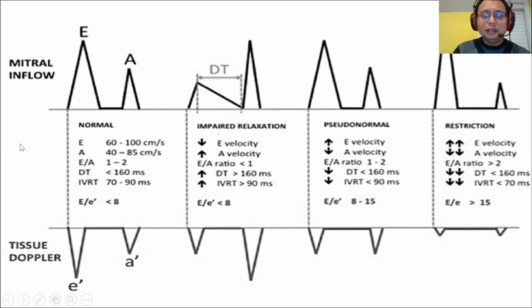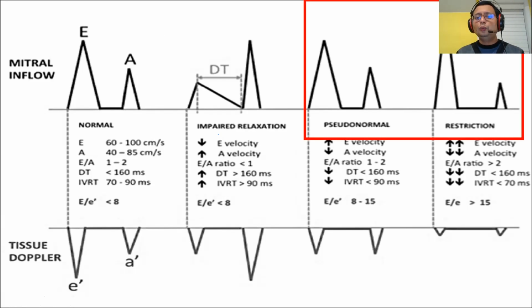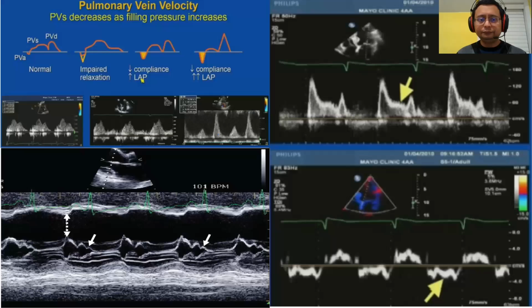When you integrate the E and E prime, you can overcome the confusion given by looking at the blood Doppler alone. That is the advantage of tissue Doppler, and we can use that advantage. We can also use again the parameters that I told you, the IVRT, the deceleration time, and the L wave, to determine whether the LA pressure is elevated or not. This is how tissue Doppler helps you solve the problem of diastology.